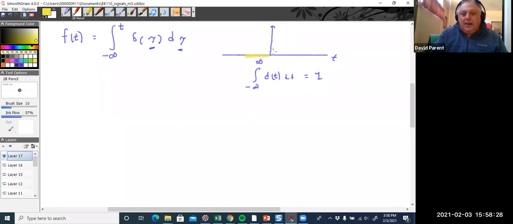And then I integrate over that step, right? Which gives me one. And then there's nothing to bring it down. And so I keep going. So that's the step function.